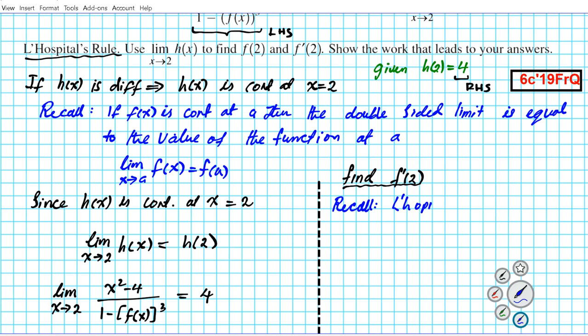So what is L'Hopital's rule? It's as follows.